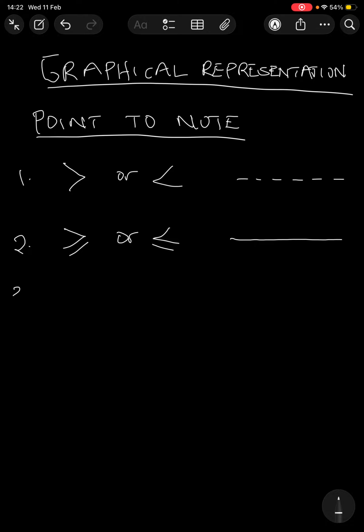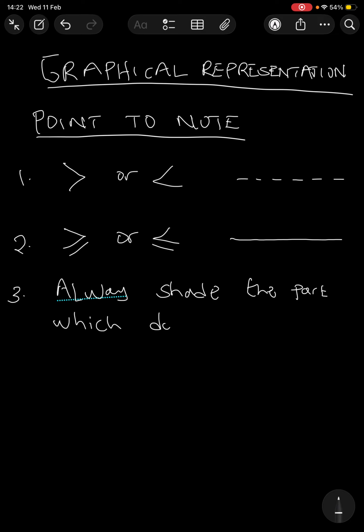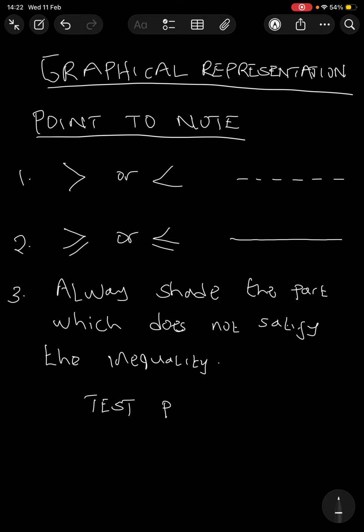Next, number 3, point to note, always shade the part which does not satisfy the inequality. This is where you do a test point, whereby you pick a point.